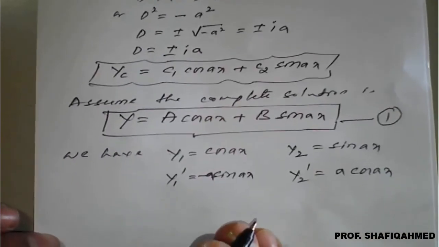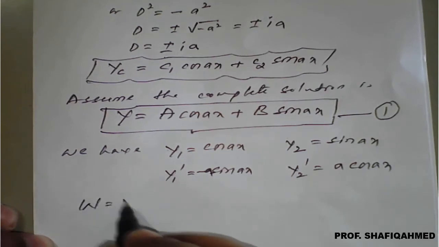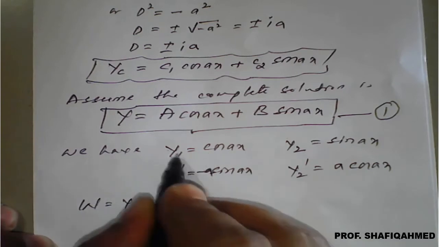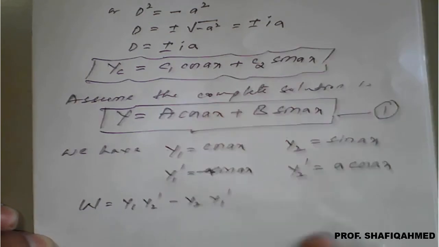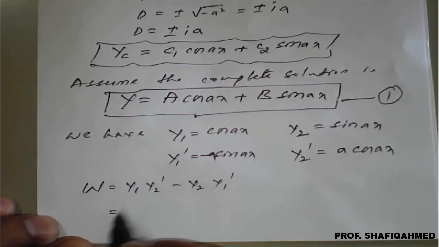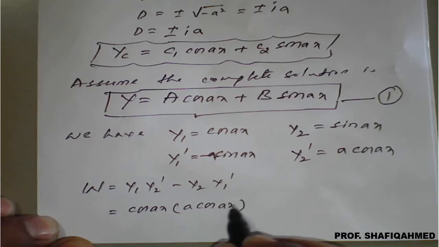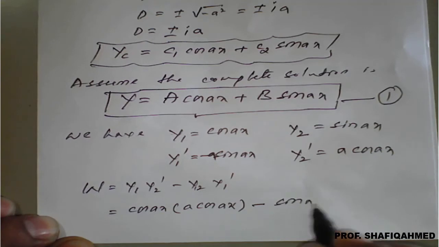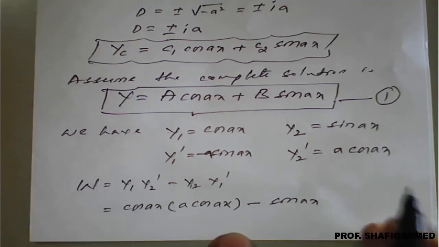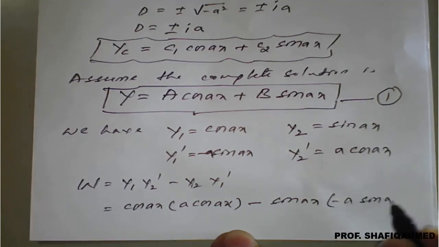So with the help of this we need to find W. So W is given by y1 y2 dash minus y2 y1 dash, which is y1 that is cos of ax, y2 dash that is a times cos of ax, minus y2 which is sine of ax, and y1 dash which is minus a times sine of ax.